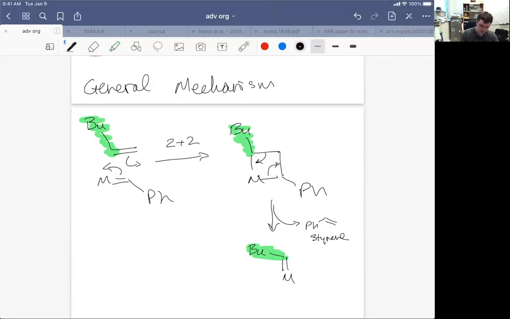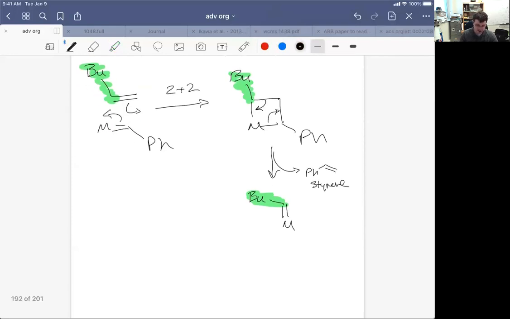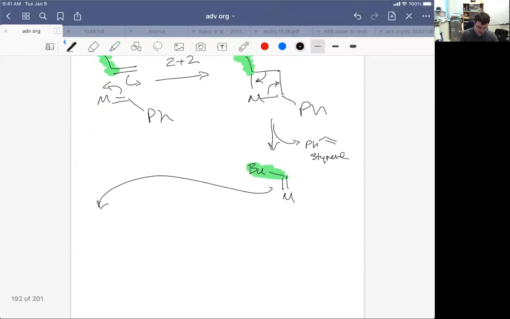Okay, so now we have our green piece locked into the metal, and what we can do is the exact same thing, except now we have a different alkene that we could adduct with. We could have our metal, which is double bonded to a butene, react with our red piece, and let's position this way so that we can actually do the reaction. So these are going to do a 2+2 reaction, and then a retro 2+2, and I should write retro 2+2 up here.